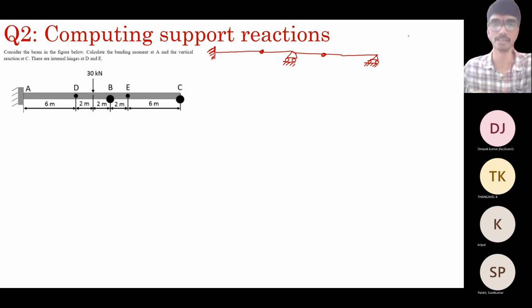So this is the beam we are looking at. This is A, this is B, this is E, and this is C. At the middle, you have a force of 30 kilonewtons.